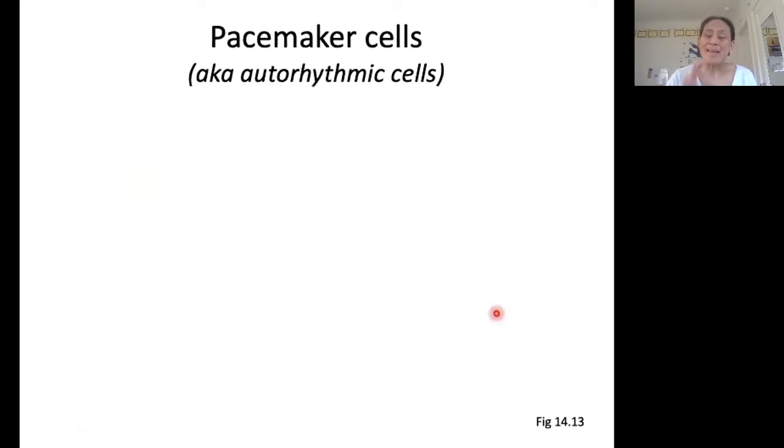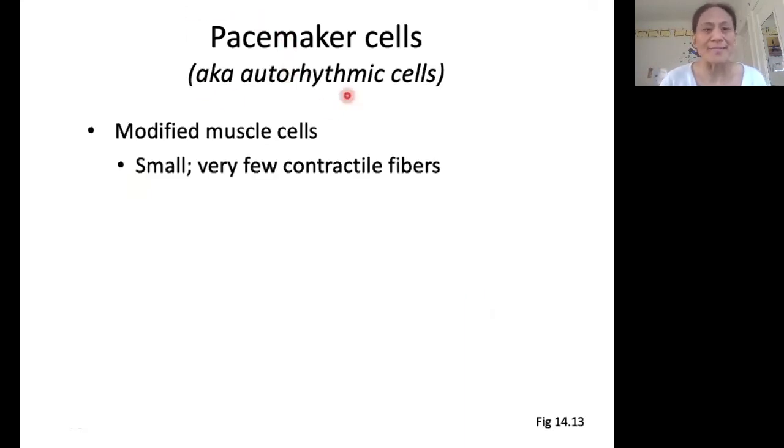Let's talk about each of these cell types one at a time, starting with the pacemaker cells, or the autorhythmic cells. Like I just mentioned, the pacemaker cells are a type of muscle cell. They're modified muscle cells. They don't really function like a muscle, but technically they're muscle cells. They're very small and have very few contractile fibers.